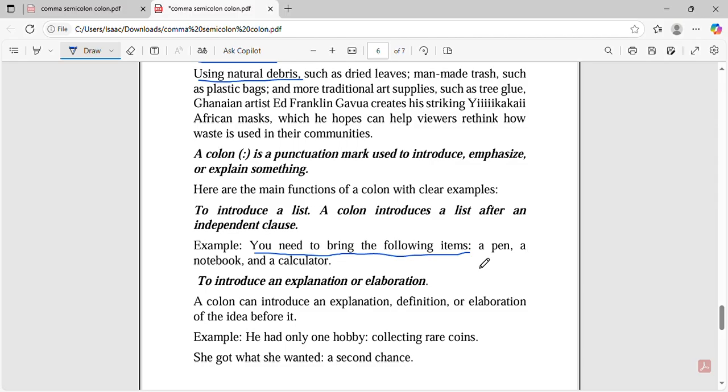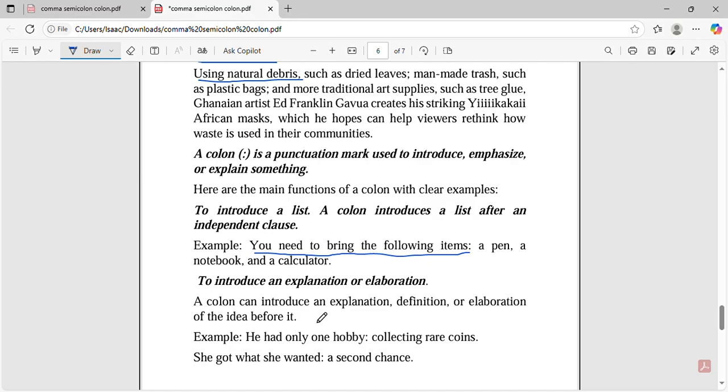But I won't say, I have colon, green, blue, and brown colors. No, because the colon will be in the middle of my clause and that will not be appropriate. So your colon should come at the end of the main clause if you want to introduce a list. So you can have your list at the end of the main clause, then you can introduce that list using a colon.